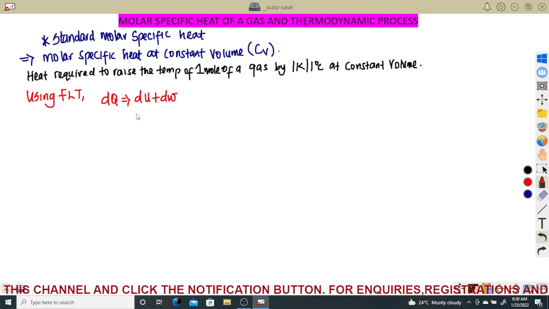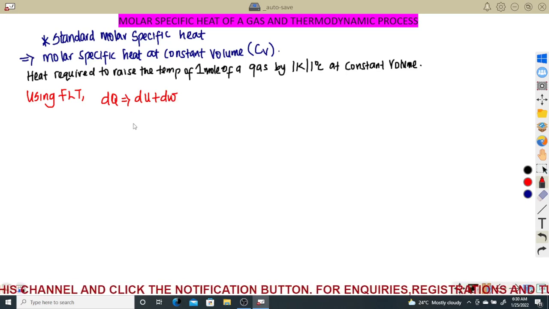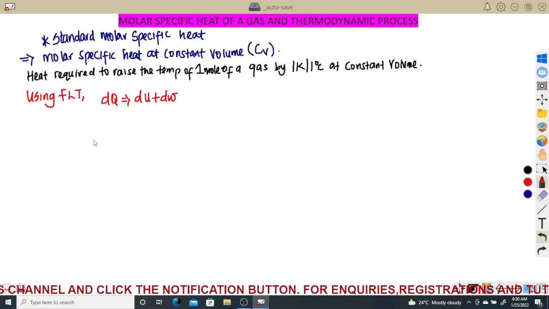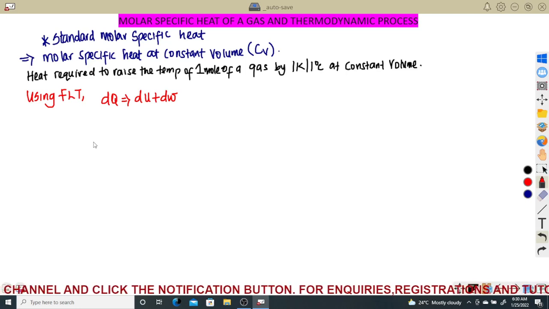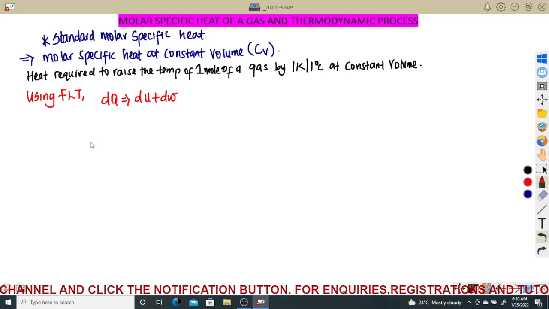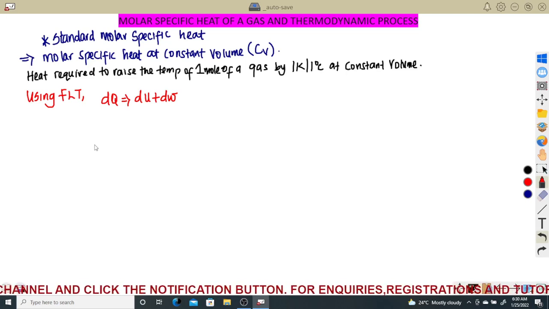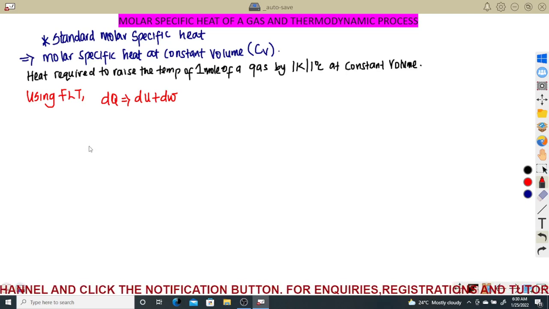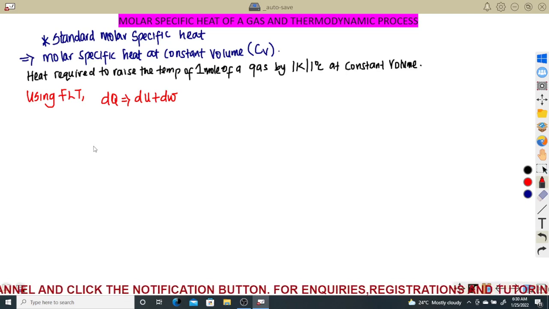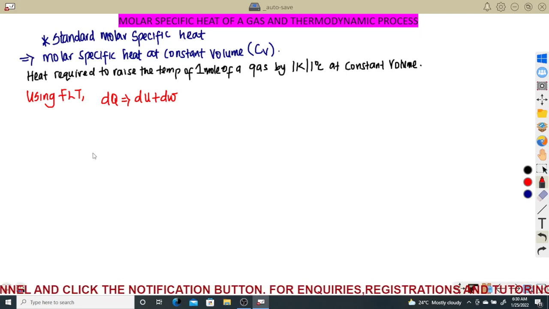Don't mind my W looking like omega. For now, we are going to take it one by one. We are taking the molar specific heat capacity of a body at constant volume, which we denote by CV. Keep it in mind: molar specific heat can be defined in two ways. At constant volume, it is the heat required to raise the temperature of 1 mole of the gas by 1 Kelvin. It's called CV.